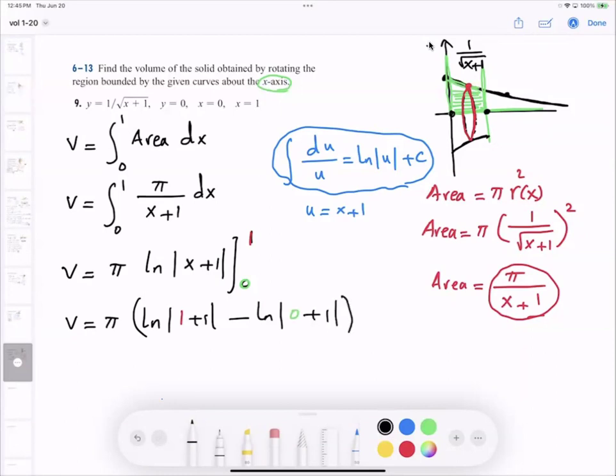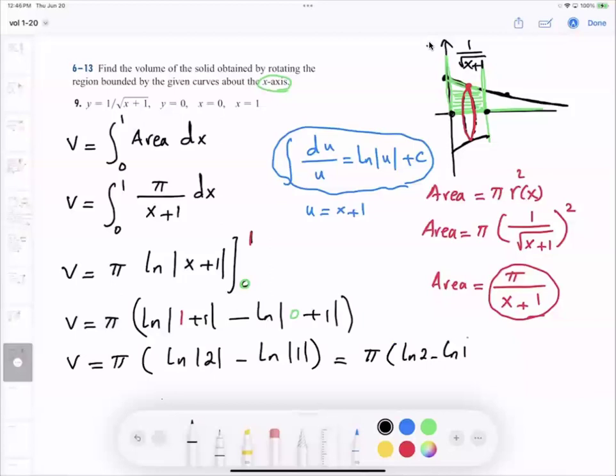The volume is pi times ln of the absolute value of 2 minus ln of the absolute value of 1. We know that both 2 and 1 are positive numbers, so it is equal to pi times (ln 2 minus ln 1).